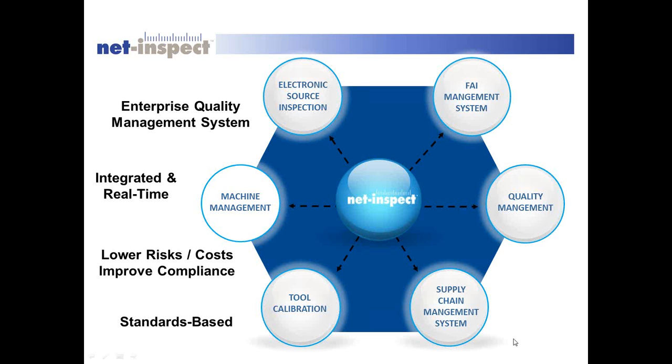Many of you are also familiar with supply chain, which allows electronic communications with your supply chain, including sub-suppliers, as well as customers. There's also a full calibration module, including gauge R&R and machine equipment, and a newer product that we have, eSource.